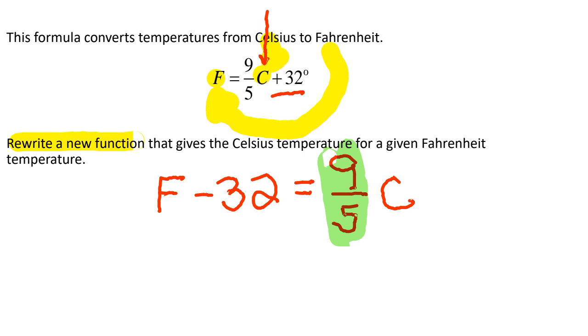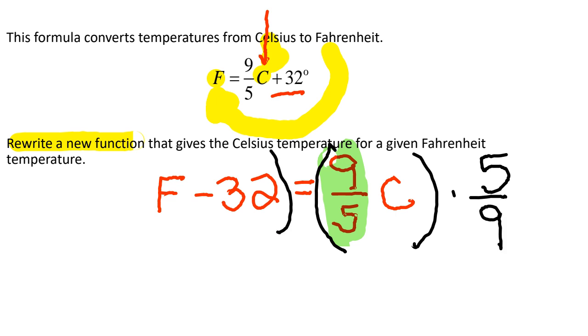But when I multiply by a fraction to get 9/5 C, I have to use the reciprocal because I'm dividing by 9/5, which means this quantity has got to multiply by the reciprocal.